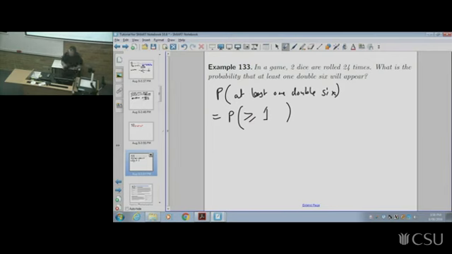The direct approach would be 1 or 2 or 3 or all the way up to 24. There's lots of choices, and I don't really want to work out all those choices. So an easy approach would be to do the opposite. This is definitely a good example to do the opposite for. What's the opposite of at least one? No double sixes.